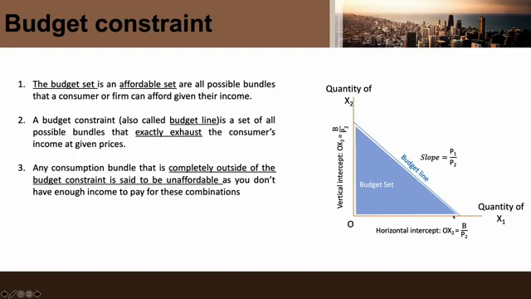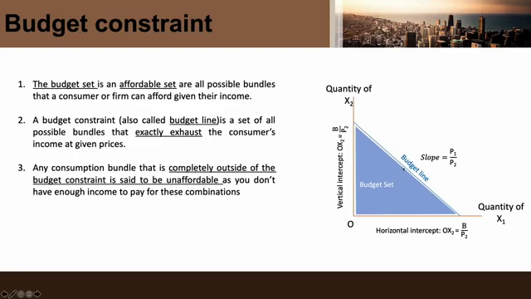And this is what you should be spending when there is no incentive for saving. So the best and most efficient would be to be on the budget line. Within the budget line, you are underutilizing your income, and outside the budget line, you can't afford. So the best you can do is be on the budget line.